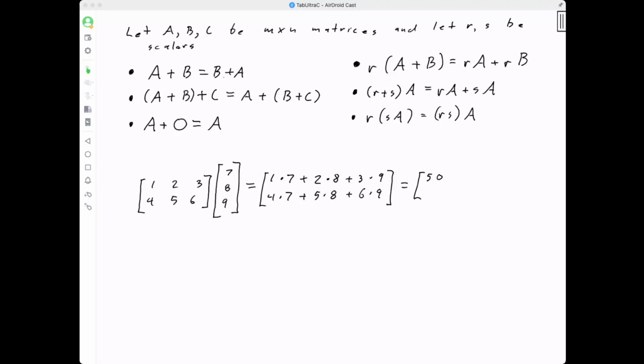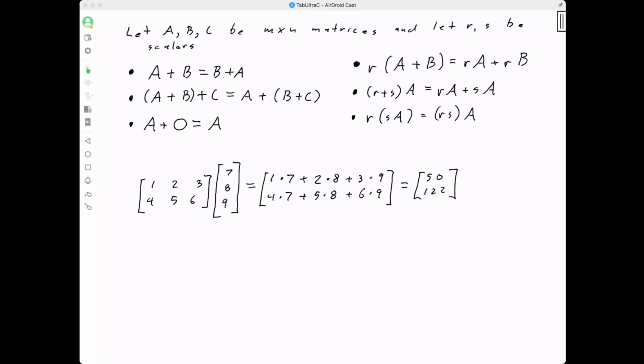And 28 plus 40 is 68, plus 54 is 72 plus 50 is 122. Unless I made a mistake in my quick math in my head.